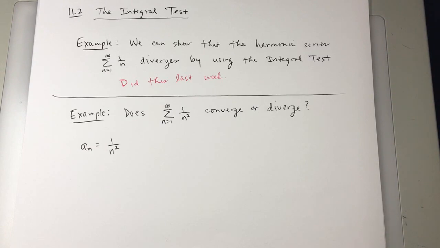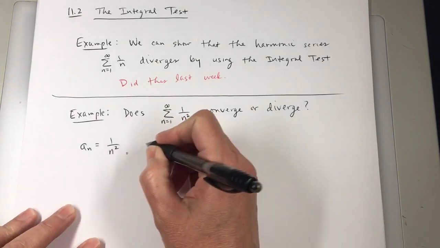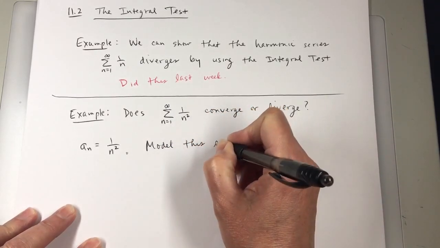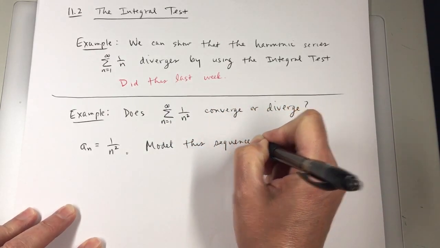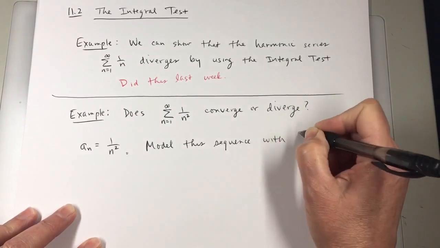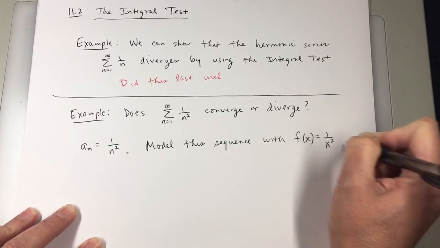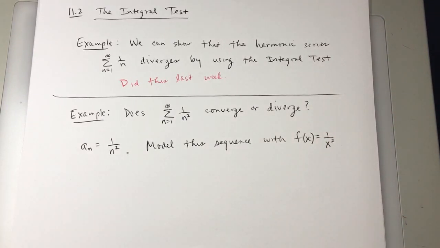I'm going to model this sequence with f of x is 1 over x squared, where when x is an integer, then this function matches that sequence perfectly.